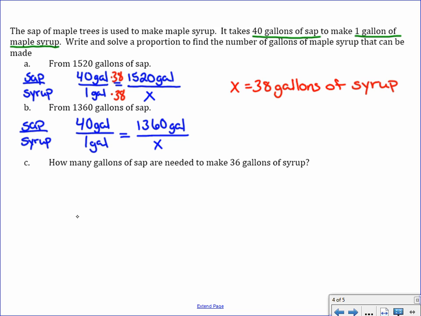That's what we're trying to find out. So 40 times 34 is equal to 1,360 gallons. Again, I did that by taking 1,360 divided by 40, and we get 34. So 1 gallon times 34 would give us x. X is equal to 34 gallons of syrup.